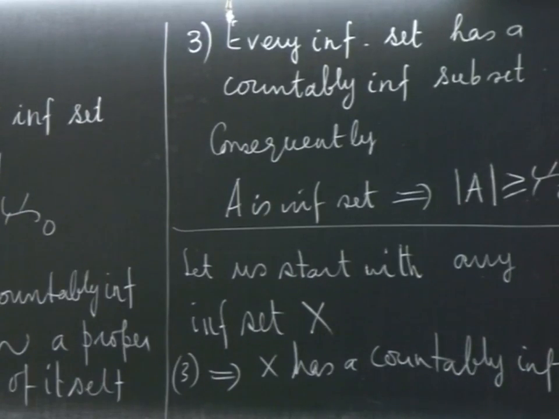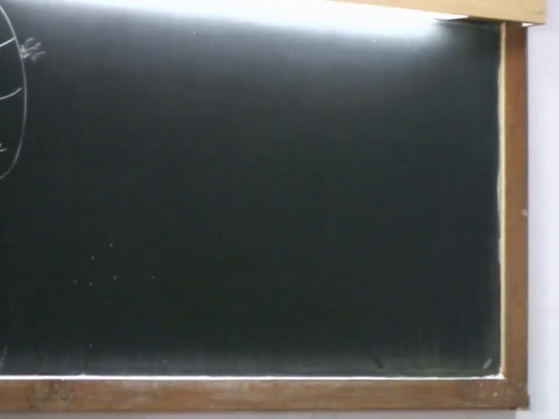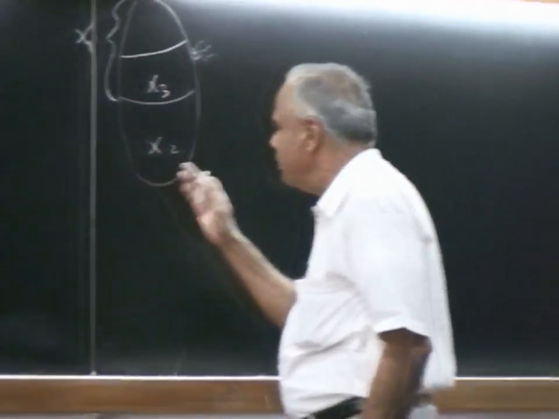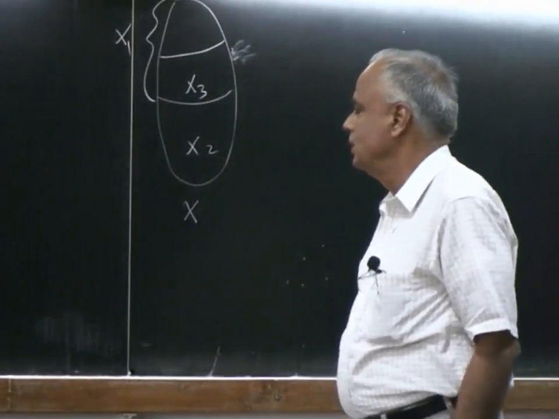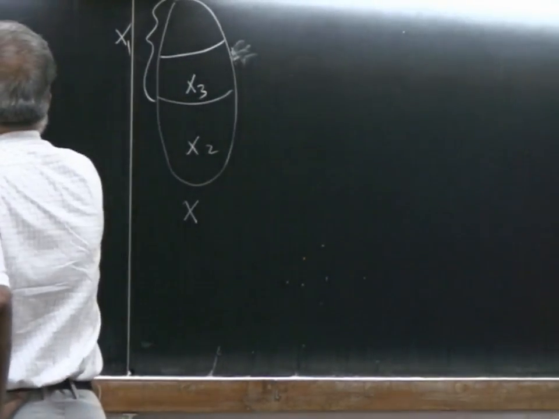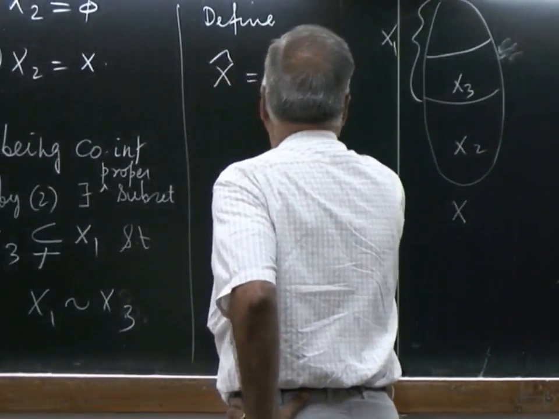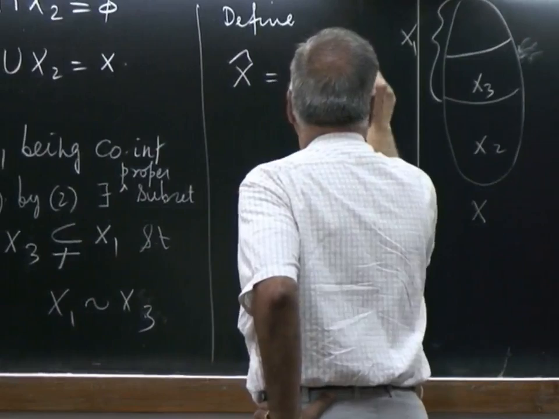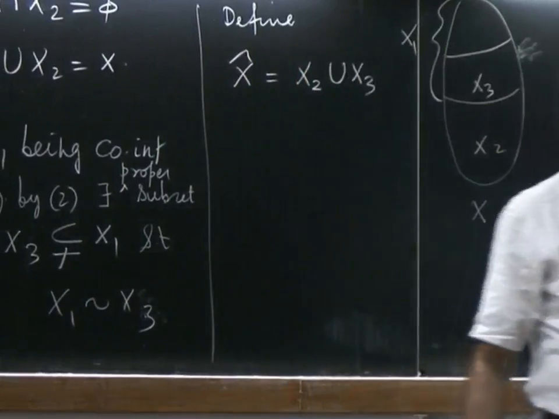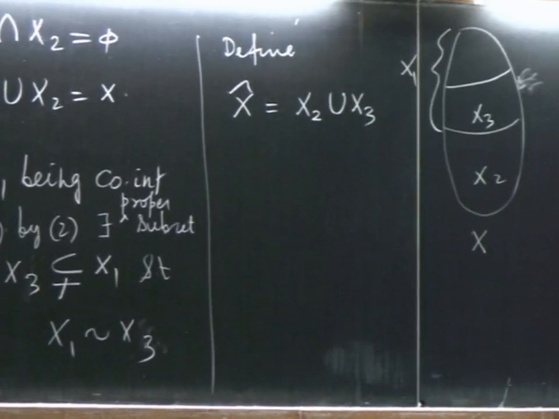Now what I am going to do is define a map, or a function, from the set X to the following. Let us define X hat to be X2 union X3. Now I am going to take only this part and this part.